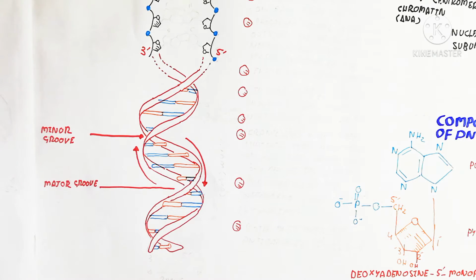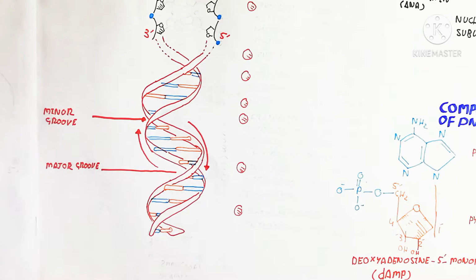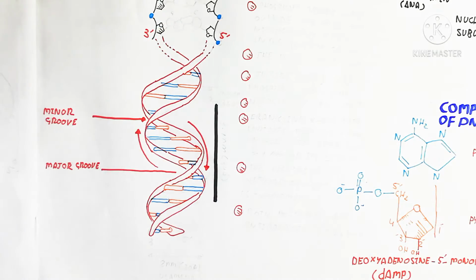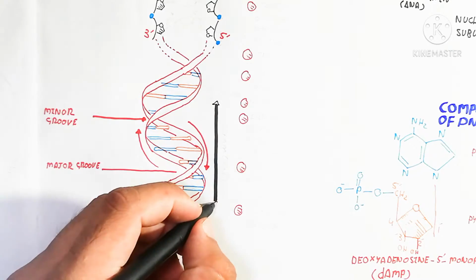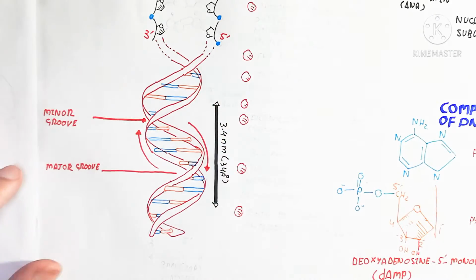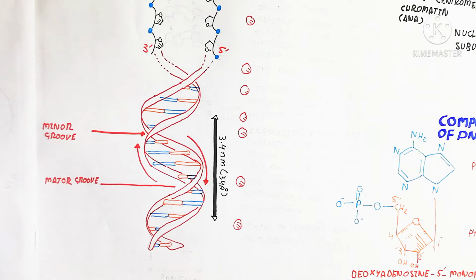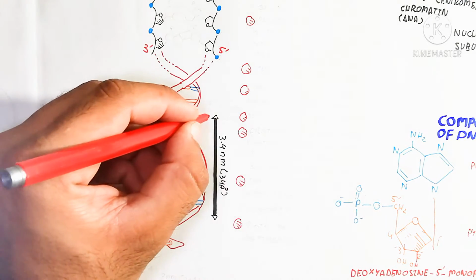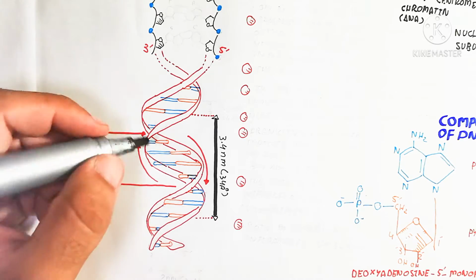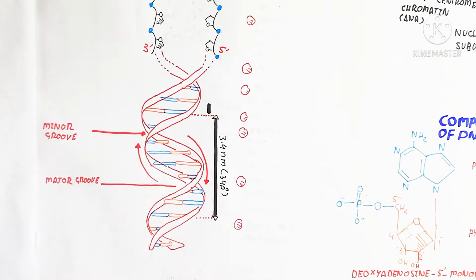Between the minor groove and the major groove is a distance, and this distance is one turn, which is 3.4 nanometers in length. So this 3.4 nanometer is the length of one turn of the double-stranded DNA, while the distance between two nitrogenous bases is here.